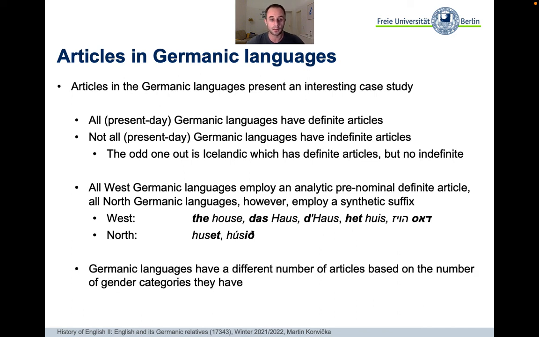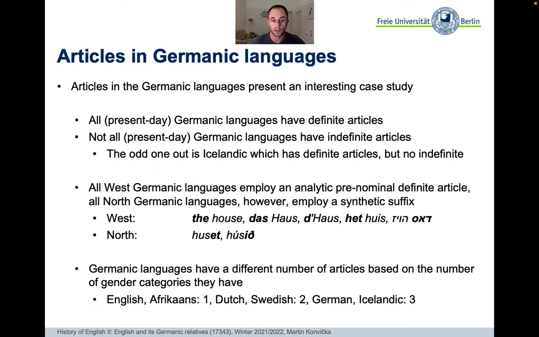Another thing is that there are different articles. The form of the articles is different based on the gender of the noun, and the number of gender categories in a language can differ. So there are languages such as English or Afrikaans which only have one article because there are no nominal gender categories.